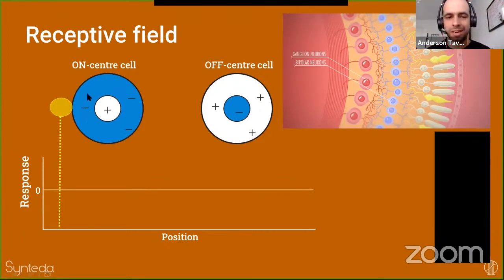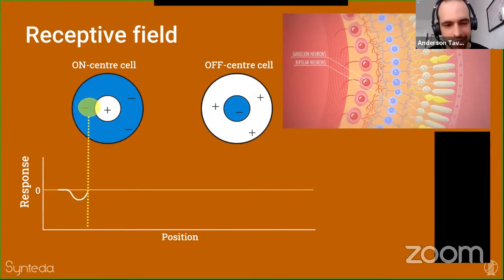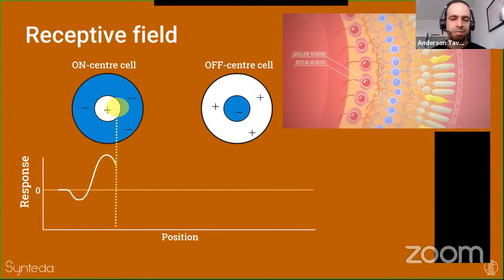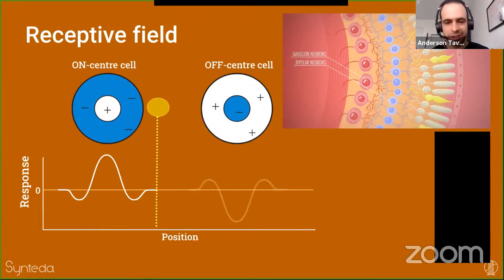It will affect the response of the cell negatively, and just the center will affect it positively. If we have a spot of light over the inhibitory region, the cell will respond negatively. If we have a spot of light on the positive side, it will respond positively. You might think of the off-center cell as an inverted version of this.